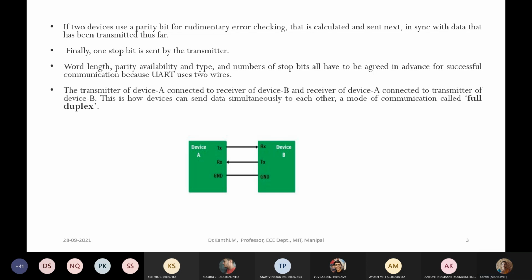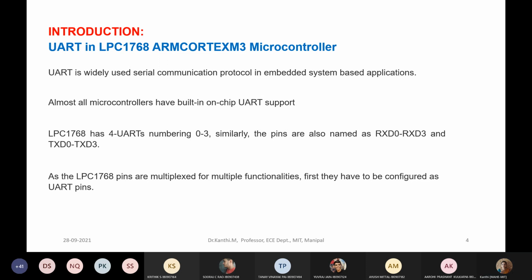Whenever device A is connected to device B, the transmit of A is connected to the receive of B, and the transmit of B is connected to the receive of device A. This is the UART protocol. Maybe you must have studied it in your embedded systems; for those who have not, I have shown one or two slides.